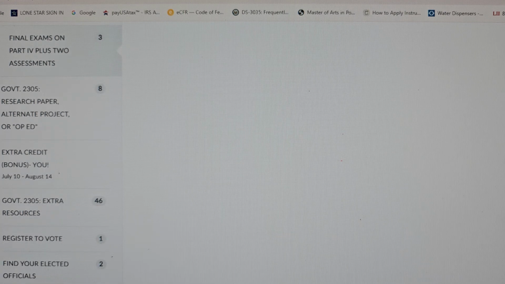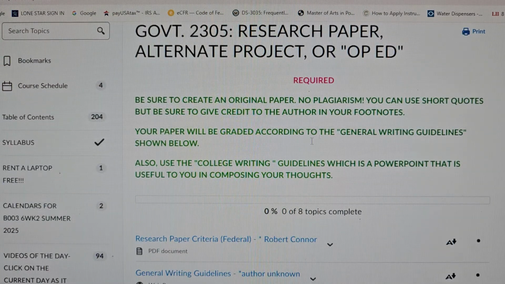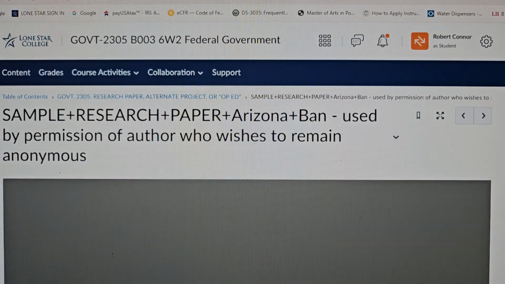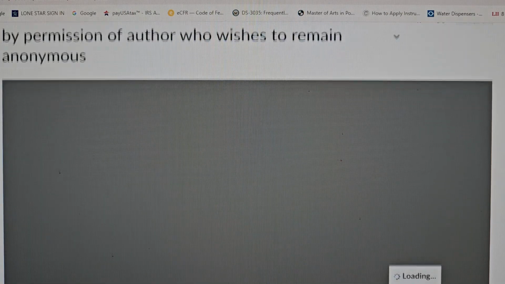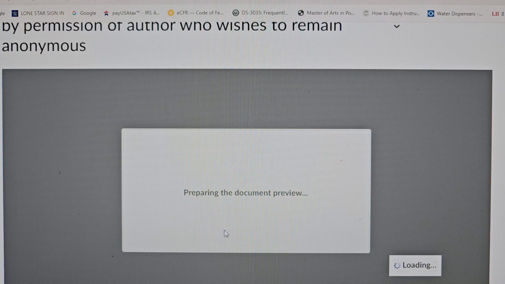Okay, now over here, you have a requirement for a research paper, alternate project, or op-ed. Now, a research paper is your typical research paper, and I have an example. Okay, here's an example of a research paper. You use the APA format for your paper.